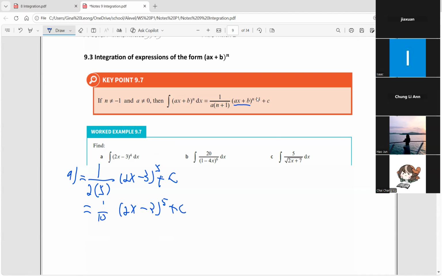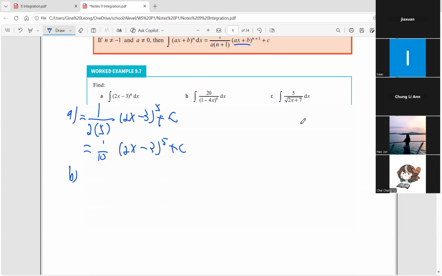When you have a value, it is also the same thing. Write down here. You still put 20, because I can just do it like this, for example: 20 over (1 minus 4x) power -6 dx.